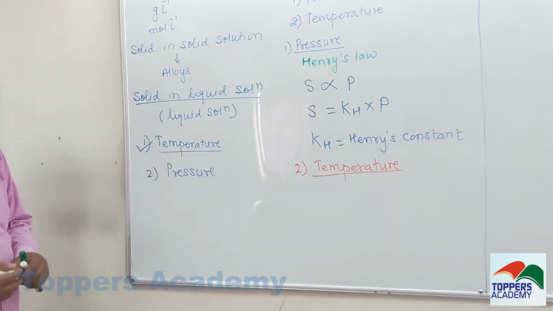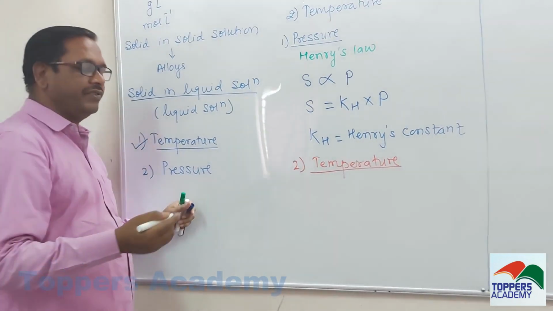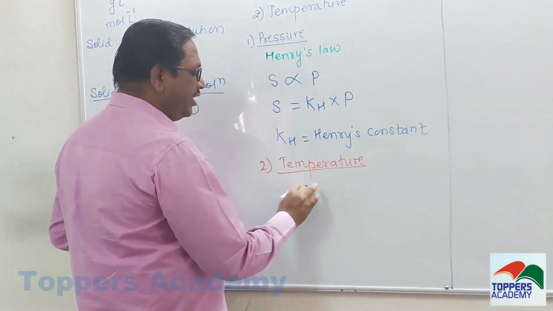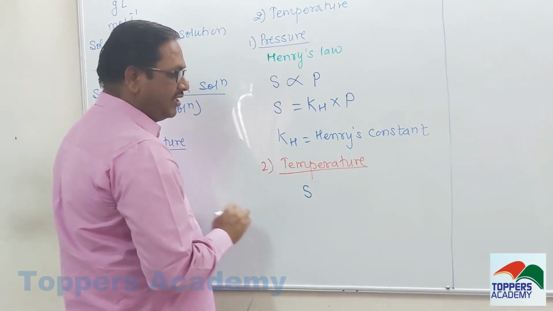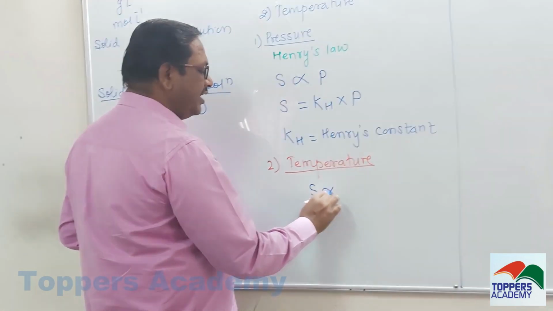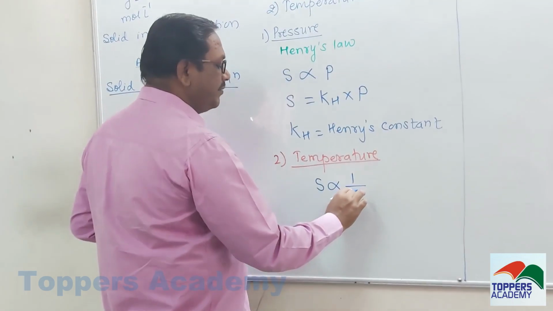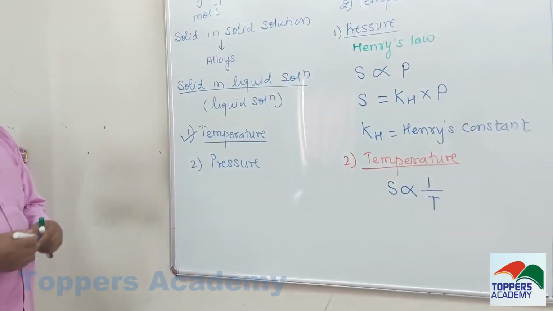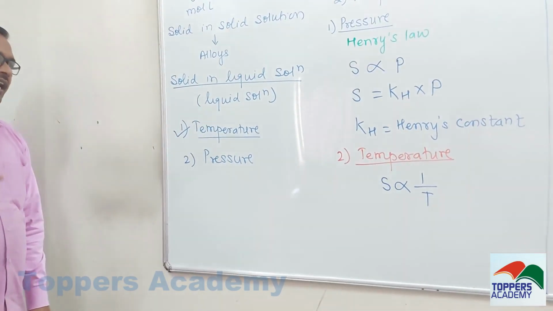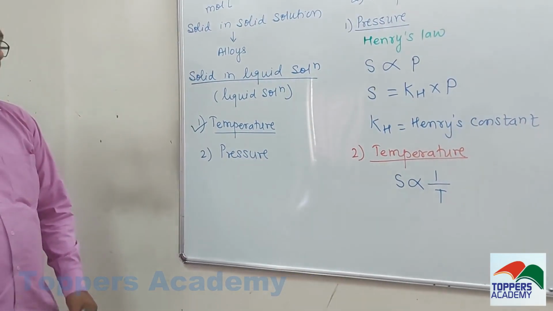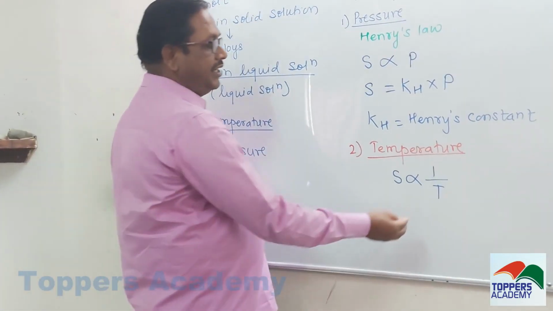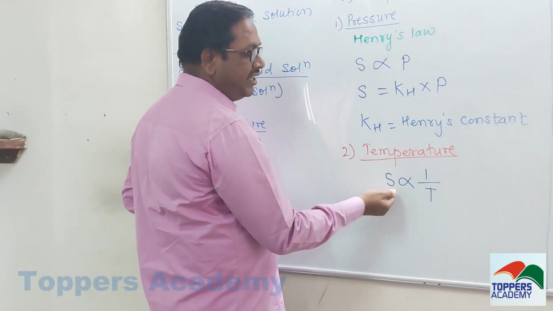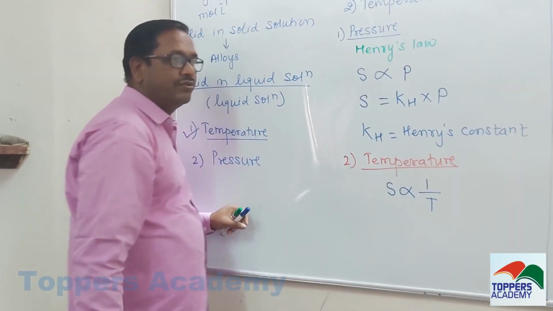In the temperature effect, the solubility of gas in a liquid is inversely proportional to the temperature. It means that when solubility and temperature are compared, what happens? The solubility of gas in liquid is inversely proportional to temperature.